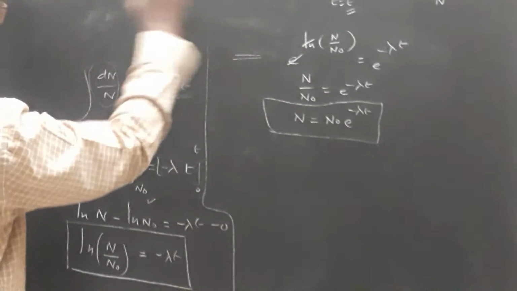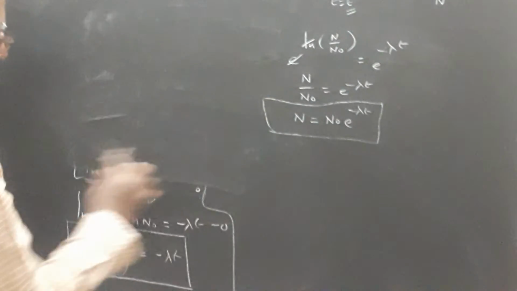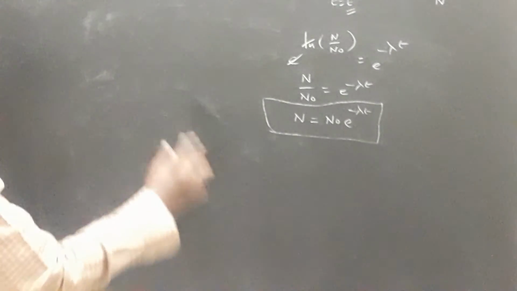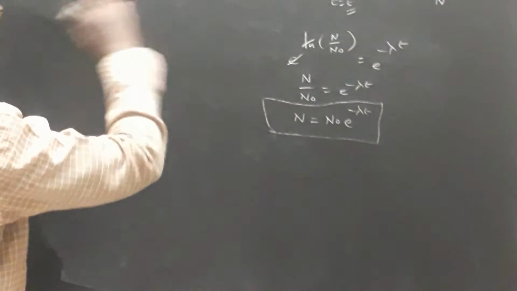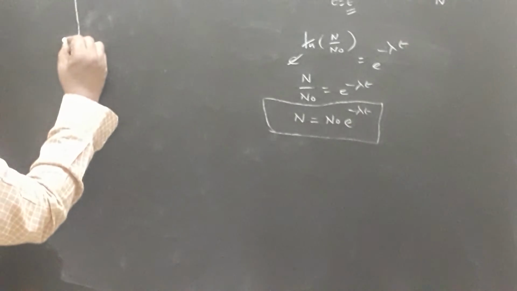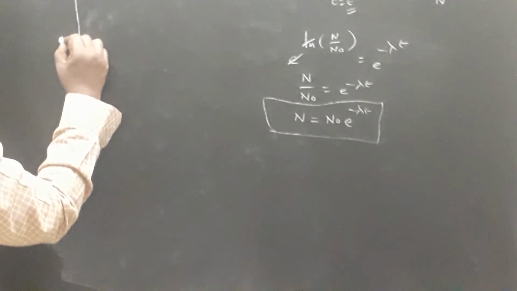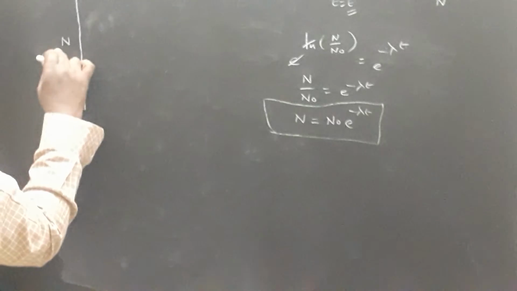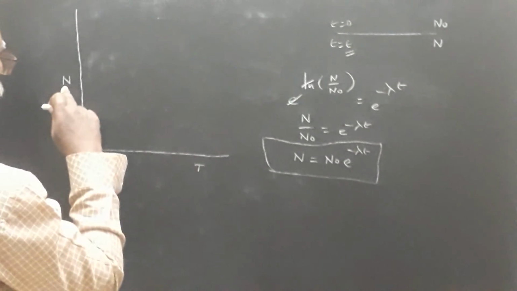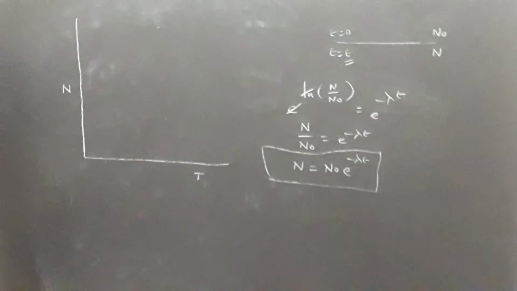If you want to draw a graph between the number of remaining, undecayed nuclei, called N, and time, the time is on the x-axis.